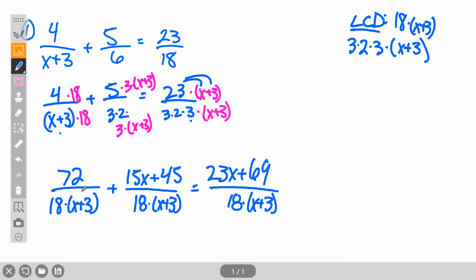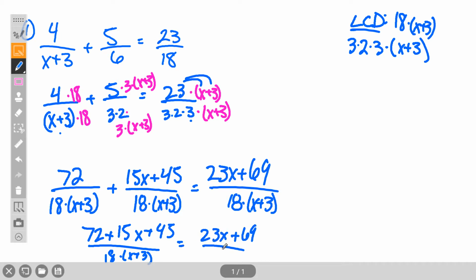All right, so these can be written over the same denominator. We have 72 plus 15x plus 45 over 18 times x plus 3 equals 23x plus 69 over 18 times x plus 3.